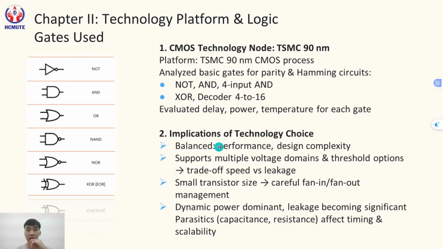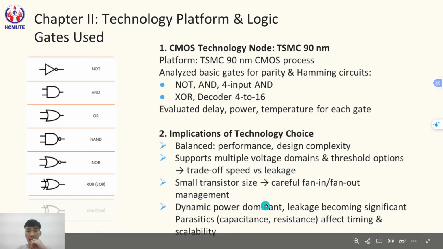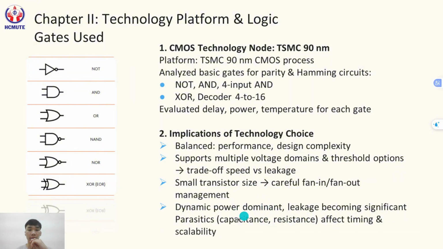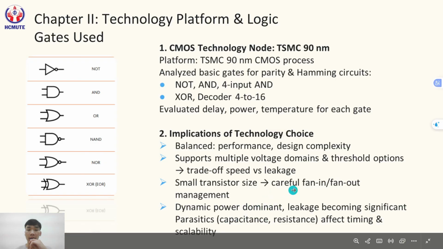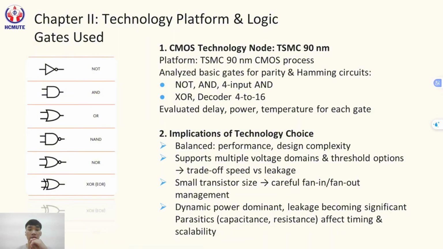The 90 nano process balances cost, performance, and complexity, supports multiple voltage and threshold options, and is widely used in research and industry. At this node, careful management of fan-in, fan-out, and parasitics is required, as the dynamic power dominates while leakage becomes noticeable, affecting scalability for larger data widths.